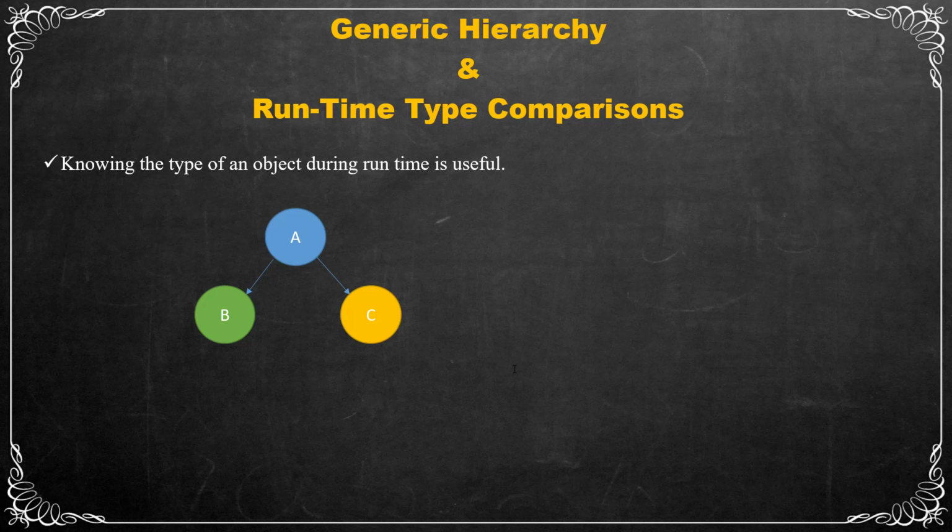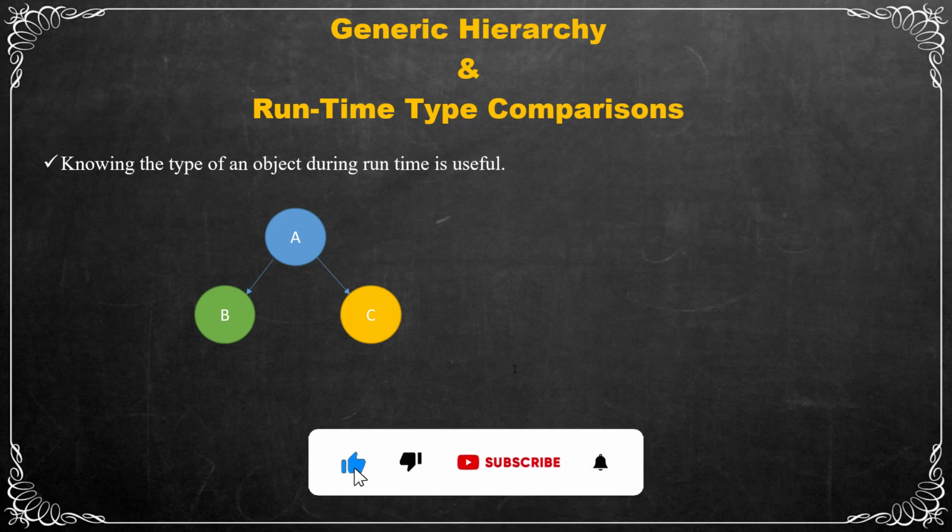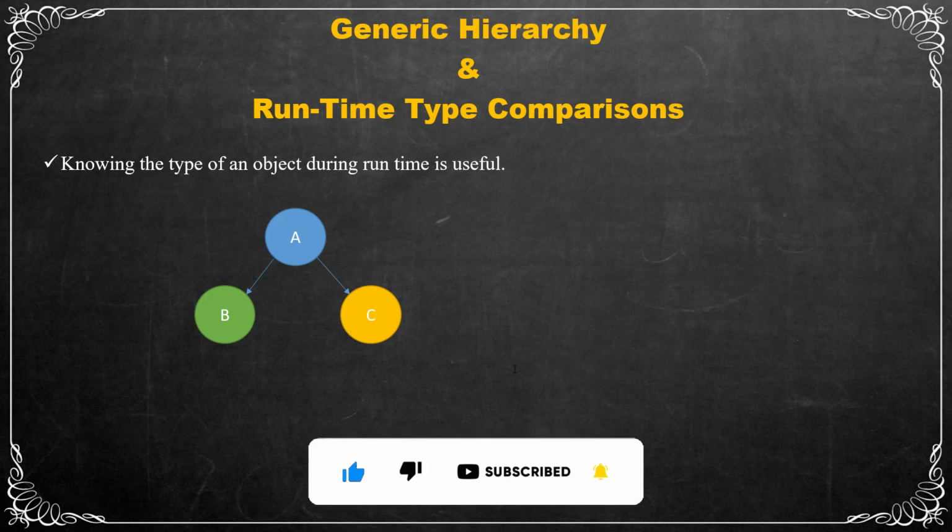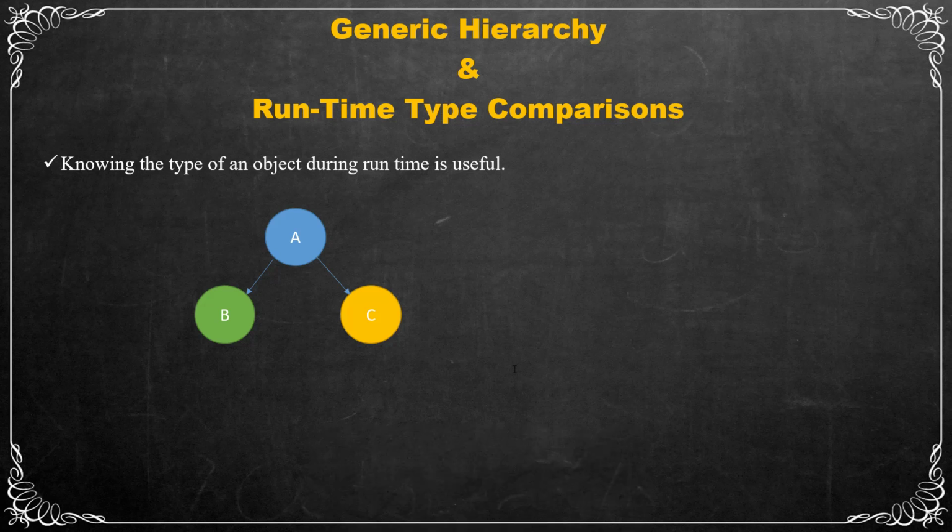But casting a B object into type C isn't legal, because an object of type A can refer to objects of either B or C. So at runtime, how can you know what type of object is actually being referred to before attempting to cast to type C? It could be an object of type A, B, or C. If it is an object of type B, a runtime exception will be thrown.